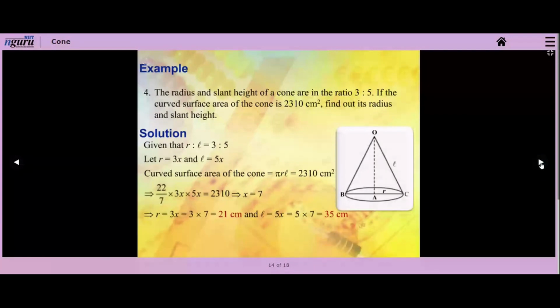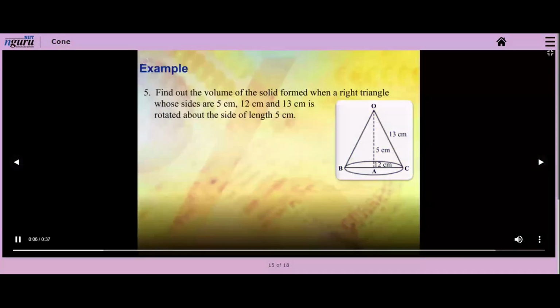The volume of the solid formed when a right triangle whose sides are 5 centimeters, 12 centimeters, and 13 centimeters is rotated about the side of length 5 centimeters. You have to find the volume. 1/3 pi r squared h.